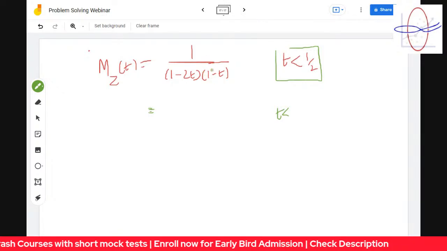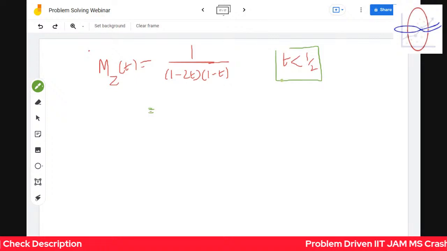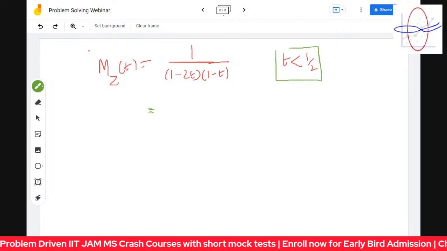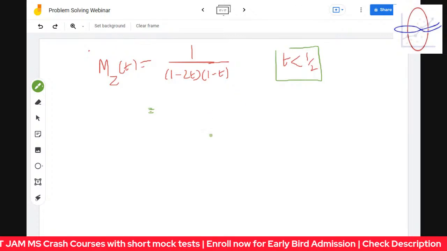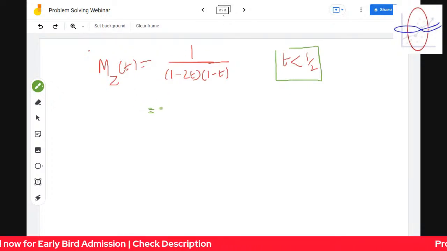And if t is less than half, then t must be less than 1. But what will happen if you put t equal to 0.9? You cannot put that. So it's not a known MGF. I'm 100% sure you can understand that. So what to do? Now you have to calculate its partial fraction.